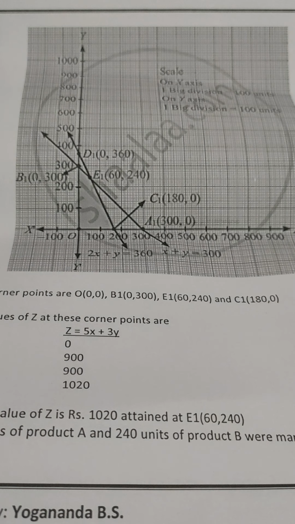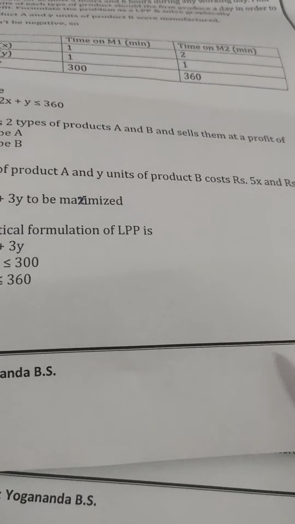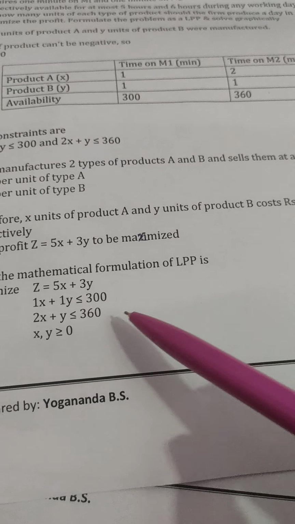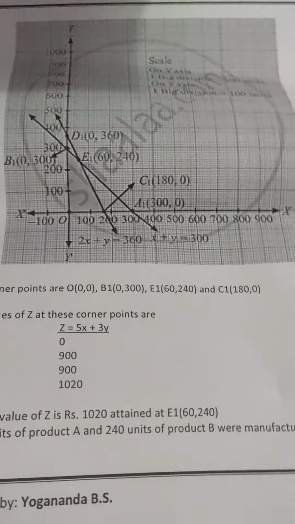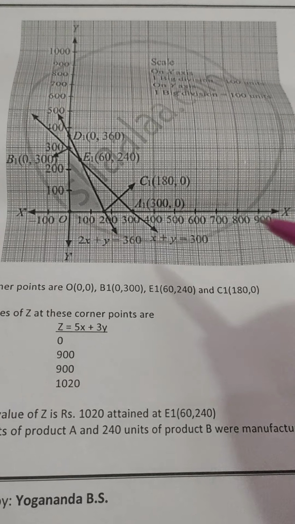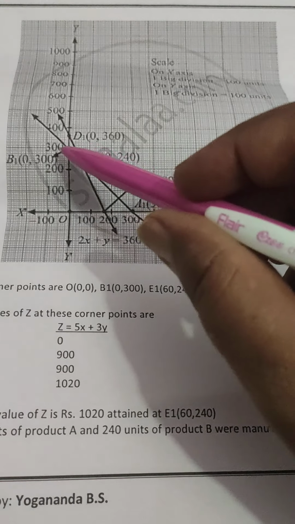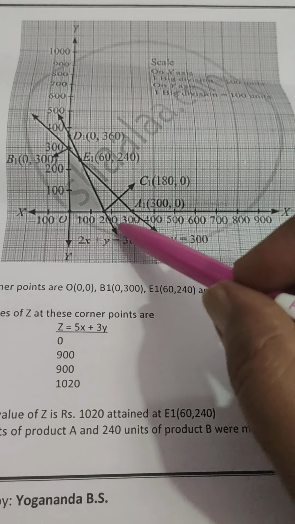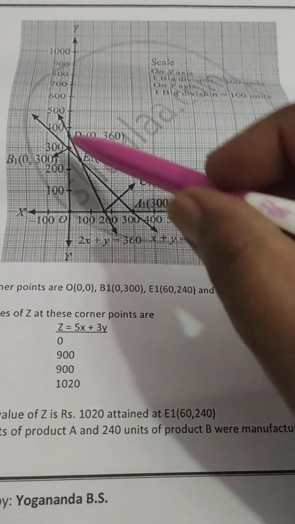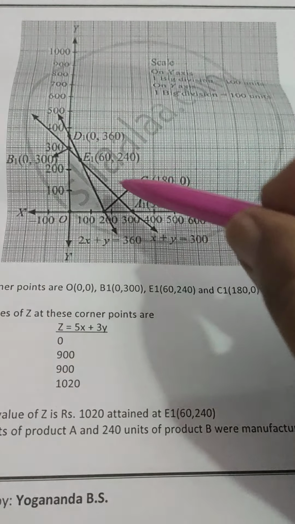This has the constraint less than or equal to, so the area I have to consider for this constraint is the area below this line.